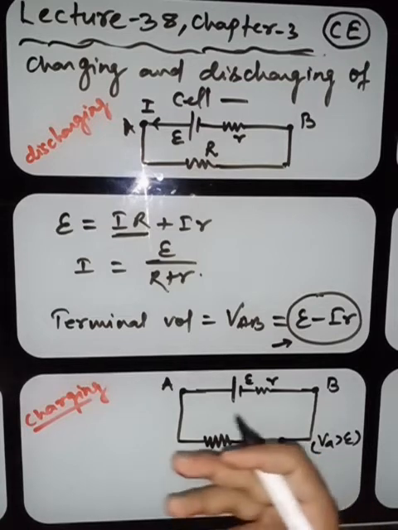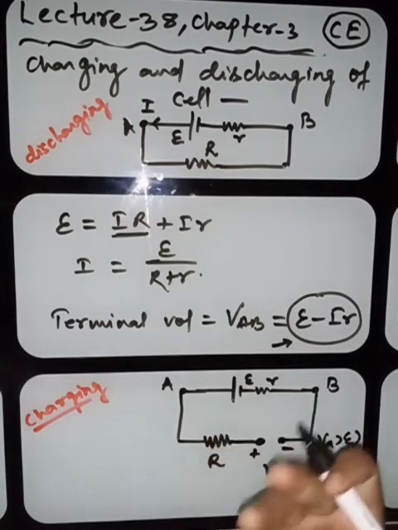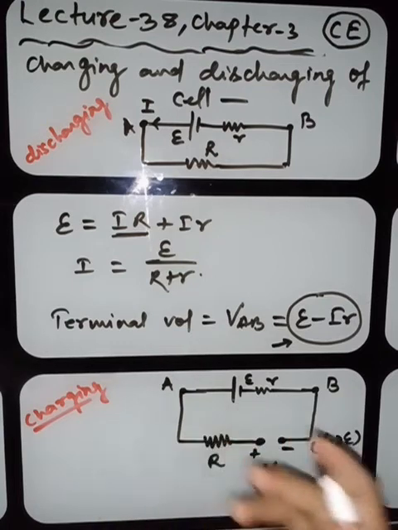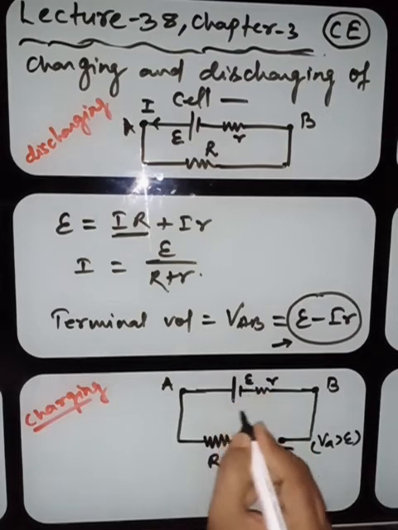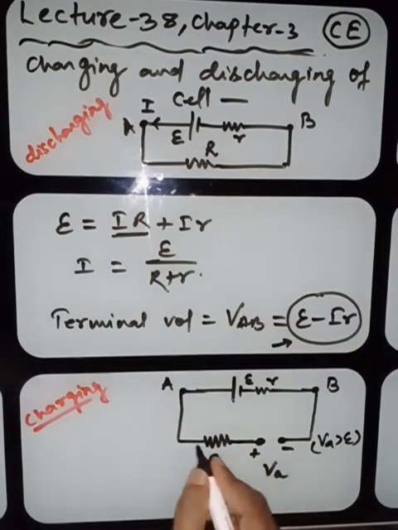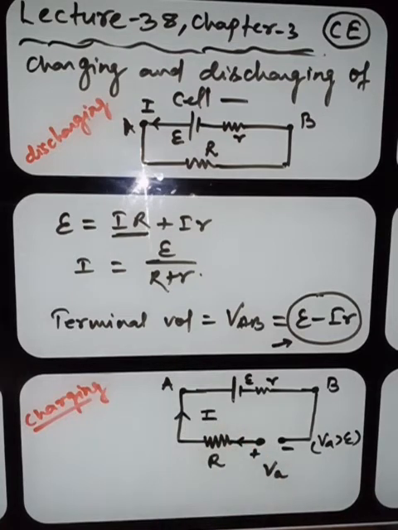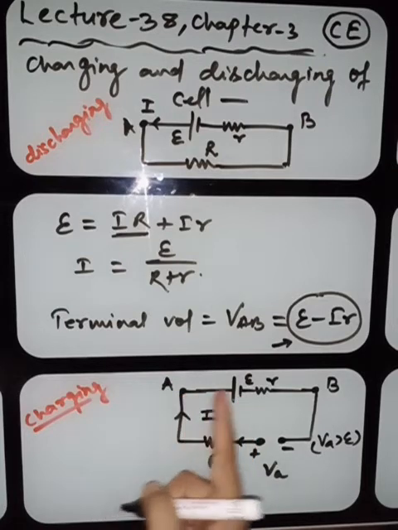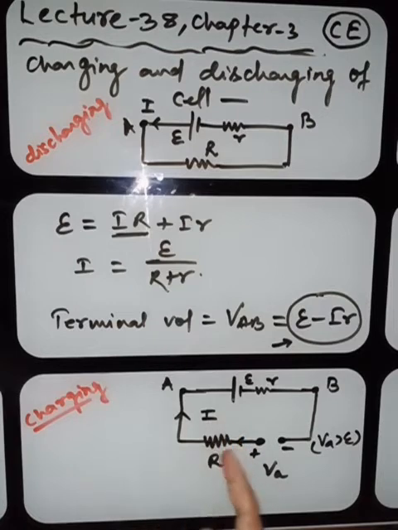Mother cell is the cell which is responsible for the flow of current. We used to say the mother cell. So the current will start moving from here. Of course, this will not dominate in the circuit. Current will not flow from here. This will dominate in the circuit and current starts flowing from here, and the current will go like this. If current is going into the cell, it means the cell is charging. Remember, if current is going into the cell, it means the cell is charging.